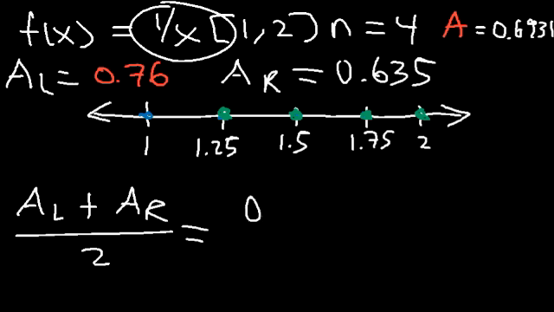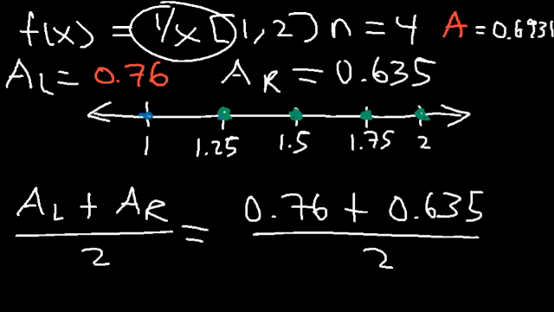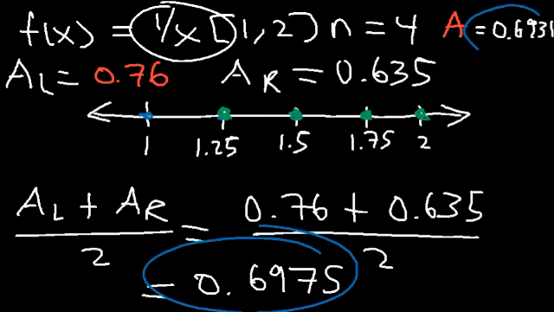This is going to be 0.76 plus 0.635 divided by 2. The average is equal to 0.6975, which is very close to the actual answer. So anytime you average the left and the right endpoints, you're going to get a better approximation.